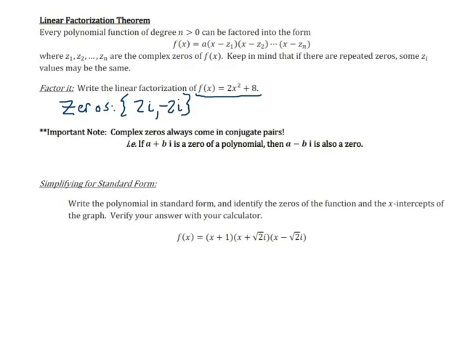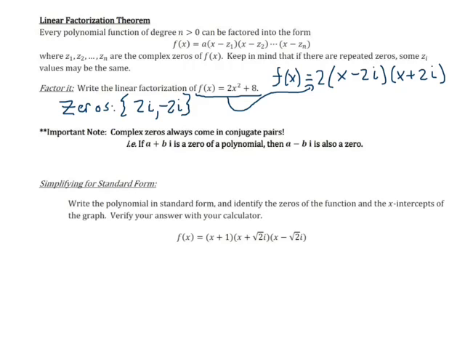And according to our theorem here, we should be able to factor f of x as our a value, which is 2. That's the a value from right here. Then we're going to have x minus 2i times x plus 2i.